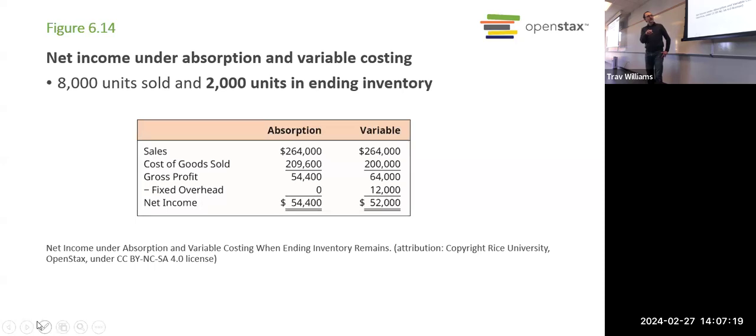And we see $9,600 of fixed costs here that weren't included here. But the other $2,400 of fixed costs got shifted off into the next period because they were part of the finished goods, not part of the cost of goods sold. And the finished goods, we're not going to count that cost until they get sold.